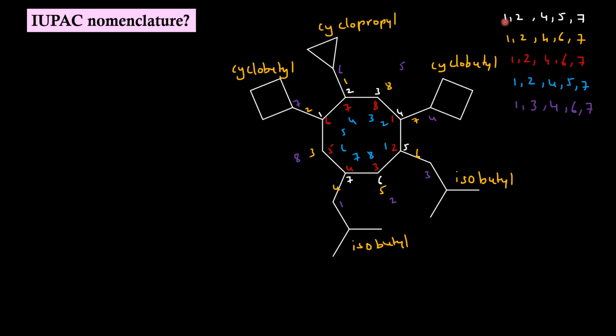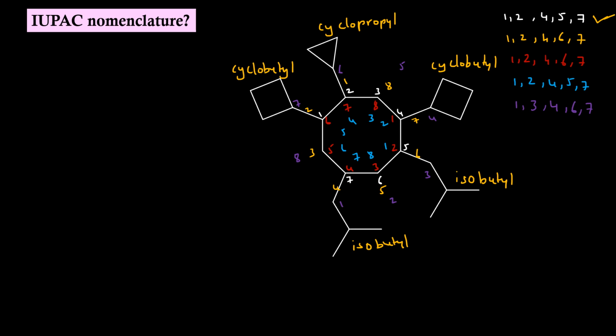With the first set, at position 1 we have cyclobutyl. With the fourth set, at position 1 we have isobutyl. Since the letter C comes first in the alphabetical series, cyclobutyl wins over isobutyl. So among these 5 sets, what wins is the first locant set.